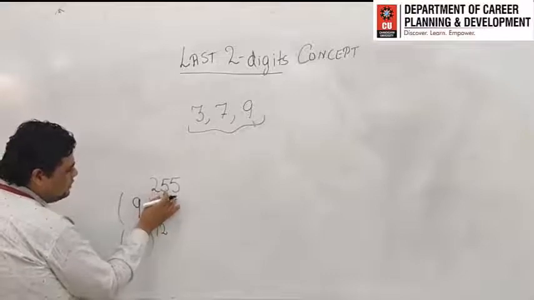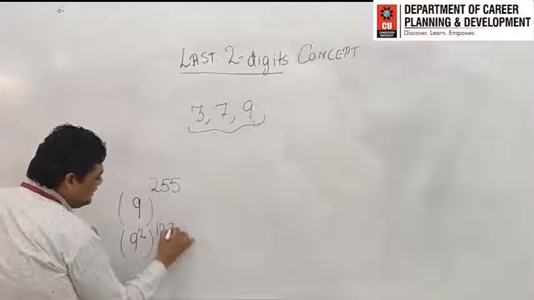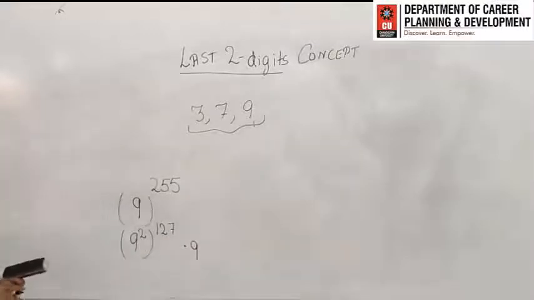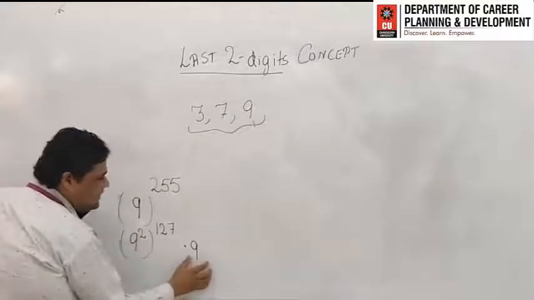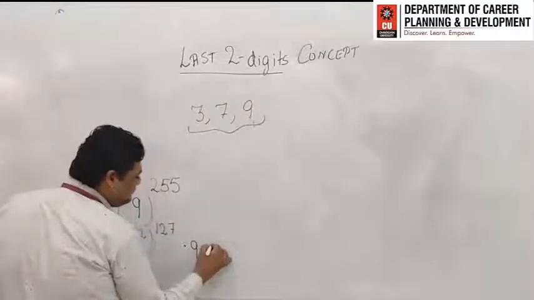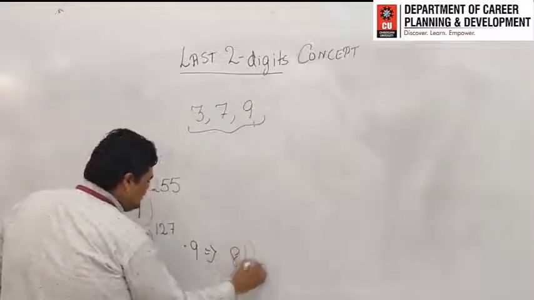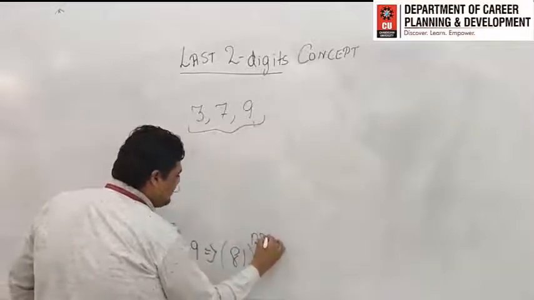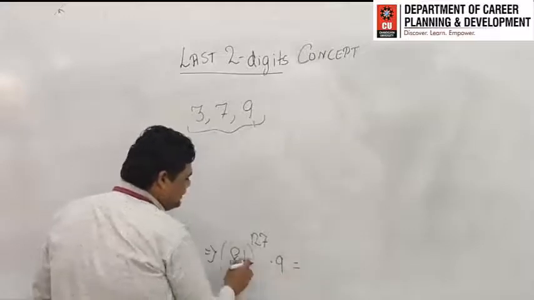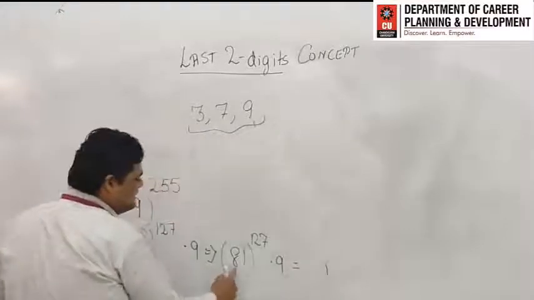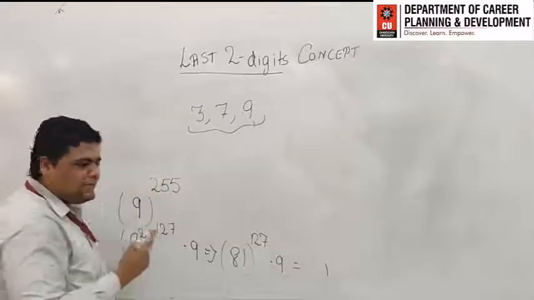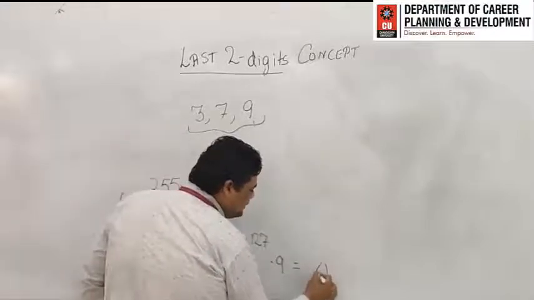then the remaining power will be 127, multiplied by 9 as it is. Here we have used the power of 254 and 1 power remaining multiplied by 9. So here it will be 81 raised to the power 127 multiplied by 9. So it will come out as unit place will be 1 and the tens place will be 8 into 7. It will come out as 56 and we will use only the unit place value.